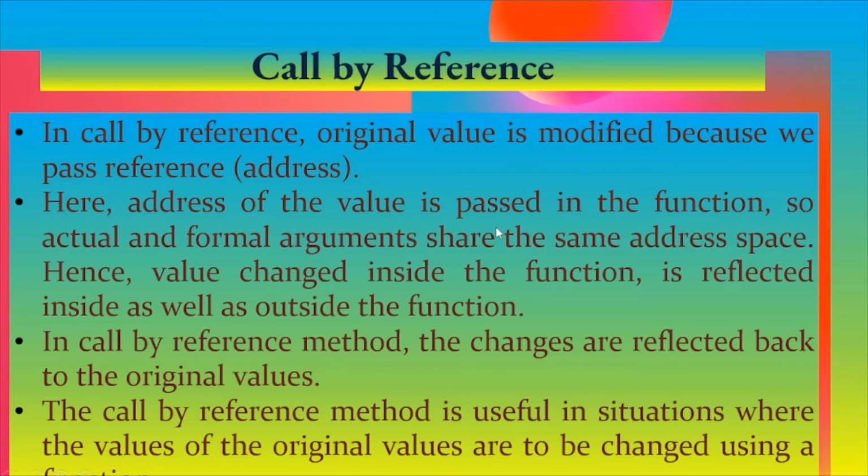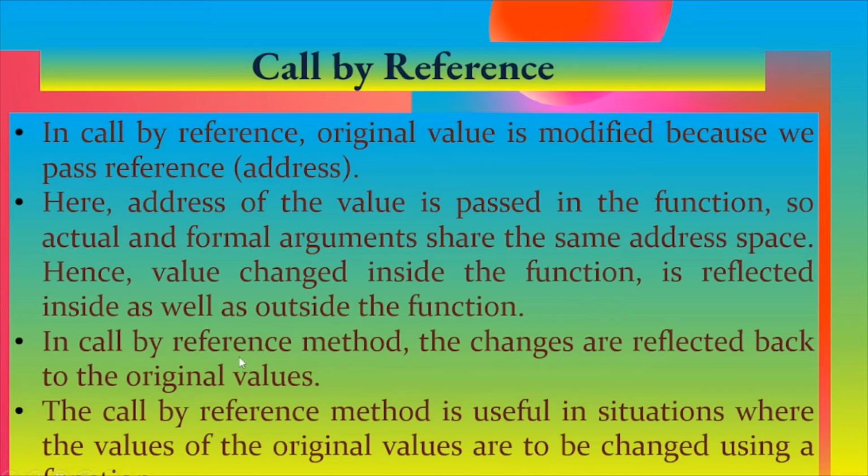The address of the value is passed to the function, so actual and formal arguments share the same location, the same address. So if it changes the value inside the function, that is reflected back in the original function. That means it affects both inside and outside of the function.